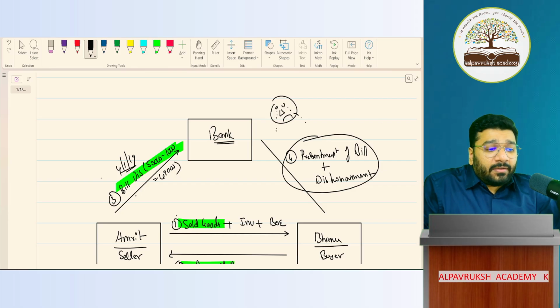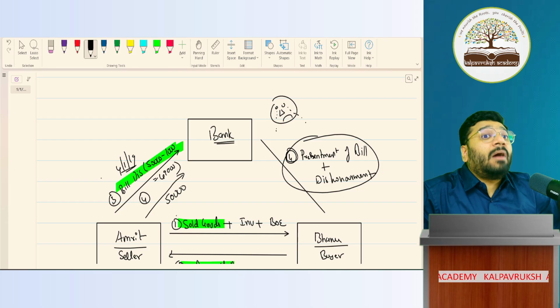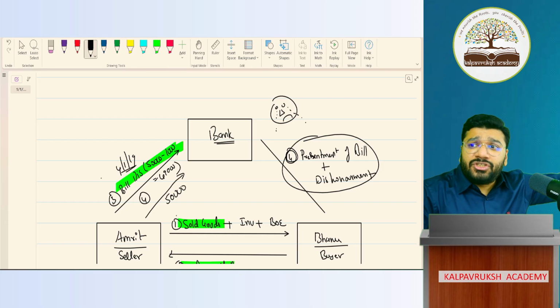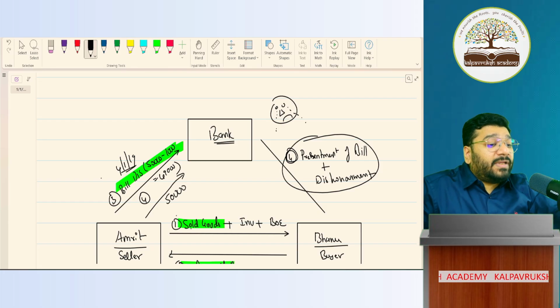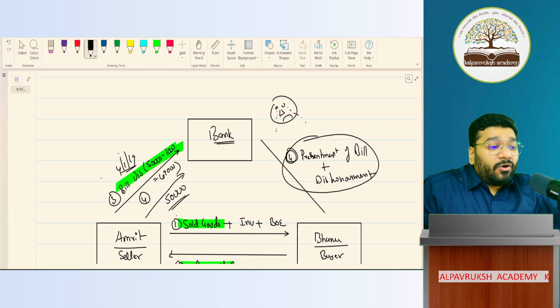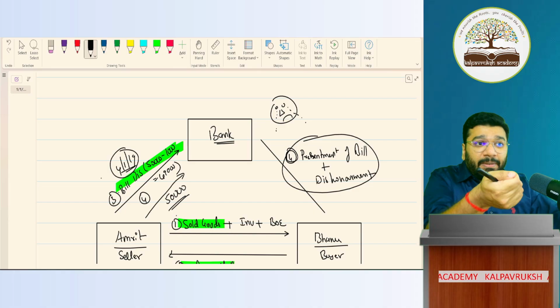On the same day, the fourth transaction: the banker will take 50,000 rupees from Amrit's account without his permission. Without his permission. So this is cheating, sir? Fraud, sir? No. When the banker takes this 50,000 from Amrit's bank account, he has already got pre-approval from him. When? On 4th January 2019, when Amrit approached the banker for money, saying take this bill and give me money.